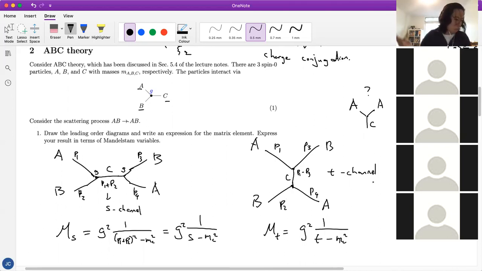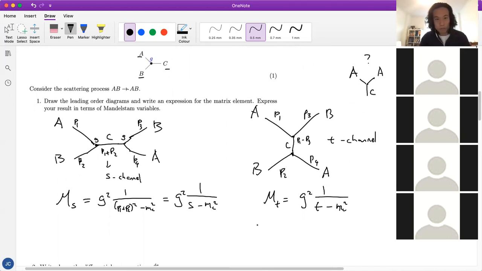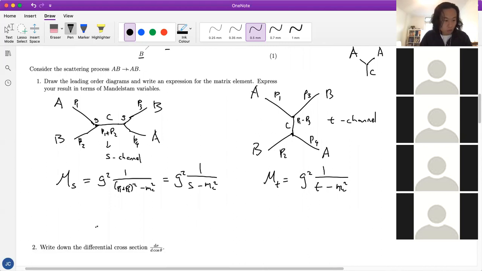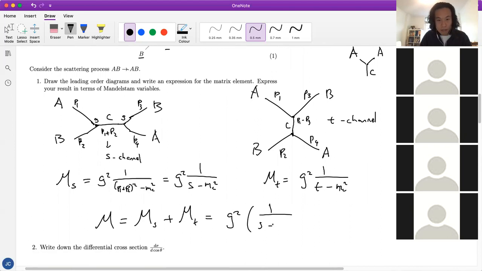So the U channel is not possible in this case. So the total matrix element is just the sum of these two, M_S plus M_T, which equals G squared times 1 over s minus m_C squared plus 1 over t minus m_C squared. And that's that.